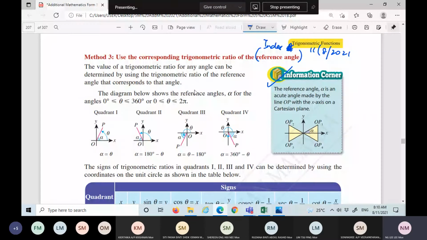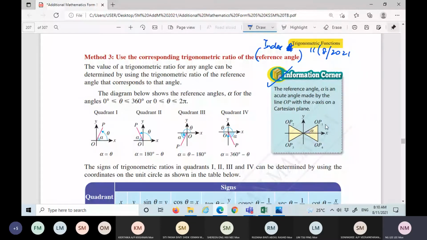Look at this diagram, like we say, a butterfly shape. The reference angle we label as alpha. The reference angle is an angle that is less than 90 degrees. So you see here in this case the alpha is here, and for this case the alpha is here, and for this case the alpha is here.